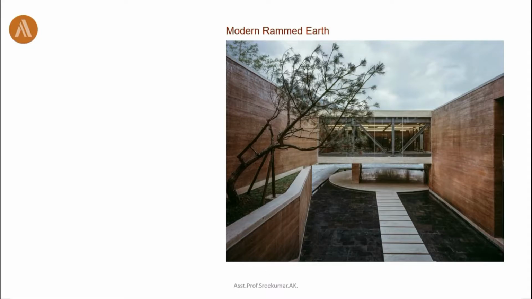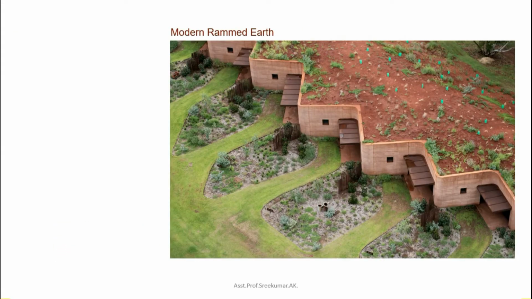So here we have a modern structure built out of rammed earth. In fact, this is a porcelain museum in China. It's called the San Peng Art Museum. This is a modern building typology constructed out of rammed earth. This is a great part of housing in Australia.